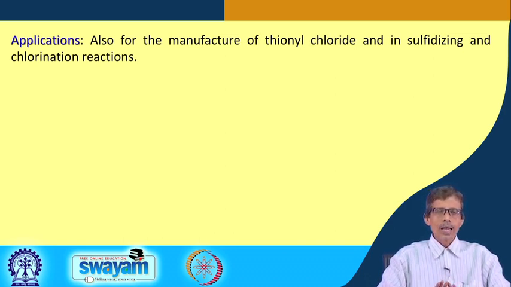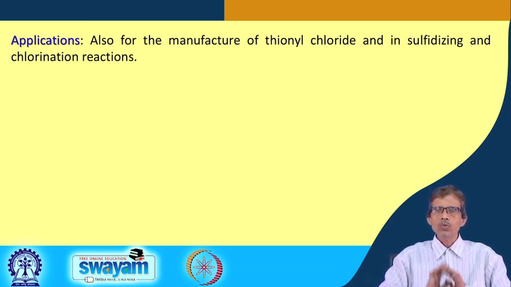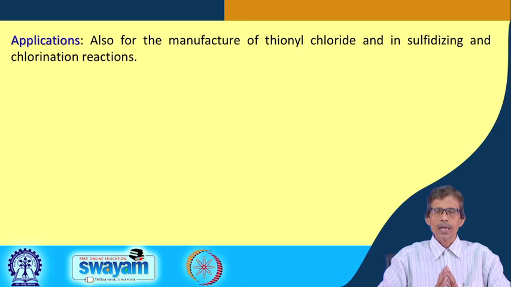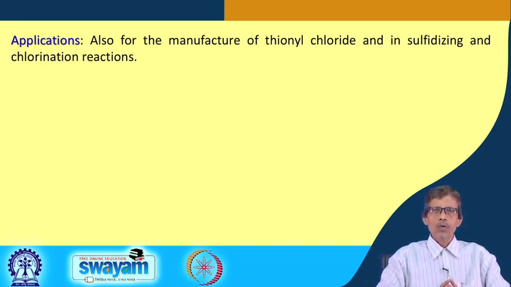One such application is the thionyl chloride preparation, because we use a huge amount of thionyl chloride for laboratory purposes, also for organic transformations, for simple chlorination reactions. Sometimes we also use that for acid chloride preparations.